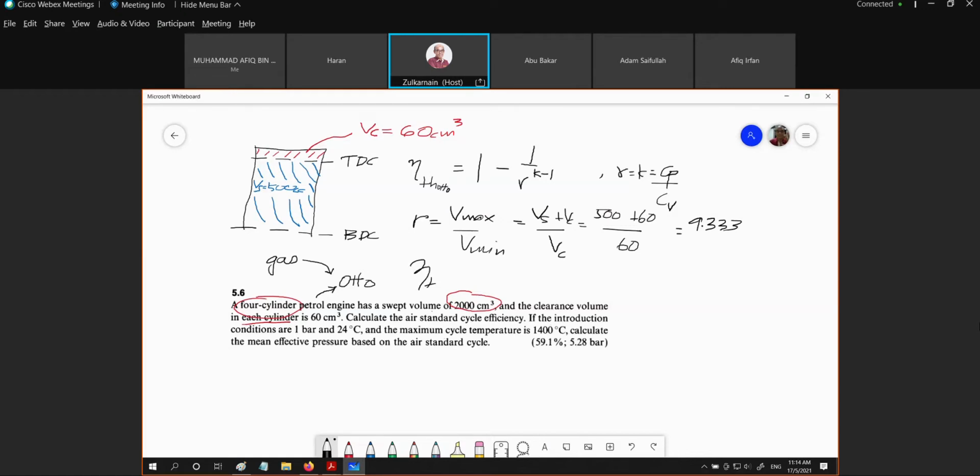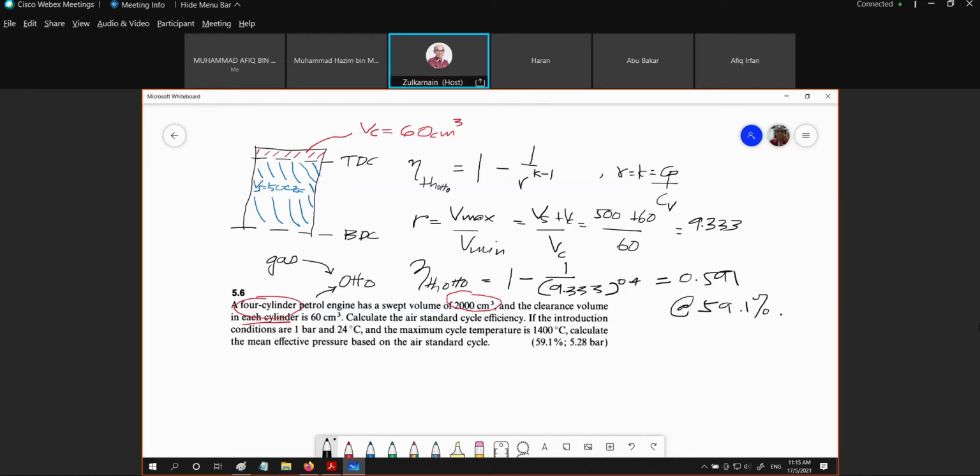Therefore, our thermal efficiency for the Otto cycle is equal to 1 minus 1 divided by 9.333 to the power of 0.4, where the k value for air is 1.4, minus 1 is 0.4. This is equal to 0.591, or 59.1%. Correct? Yes, okay.